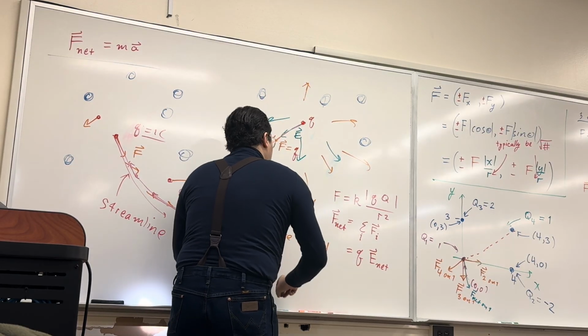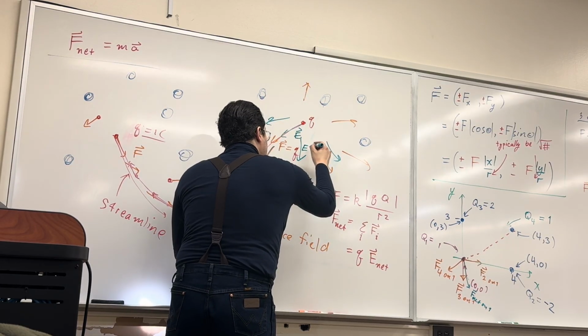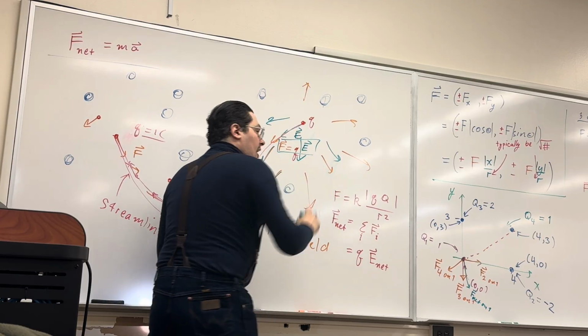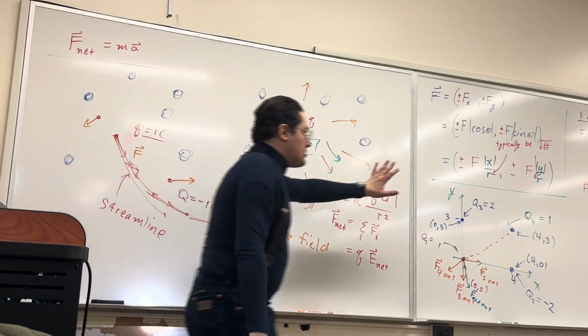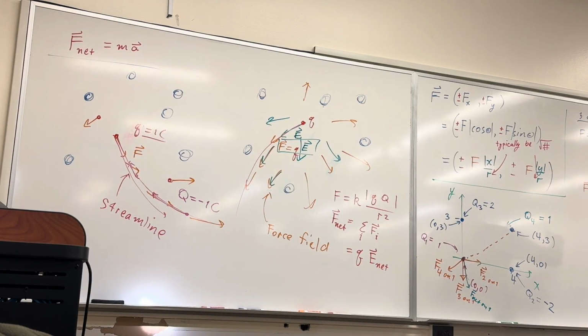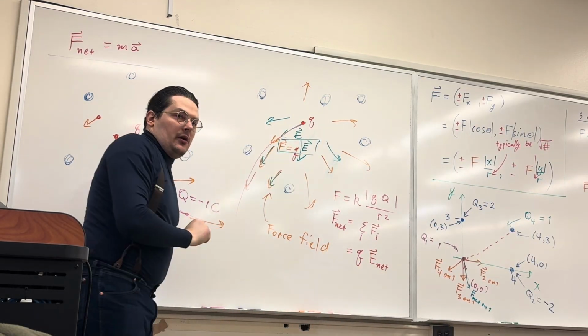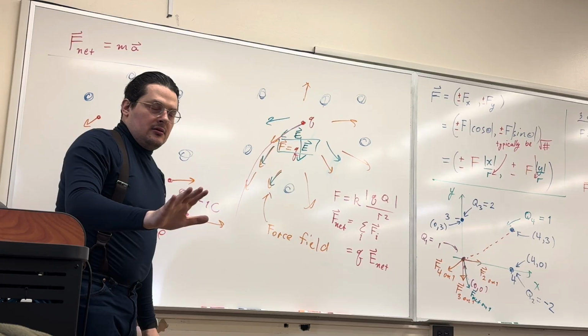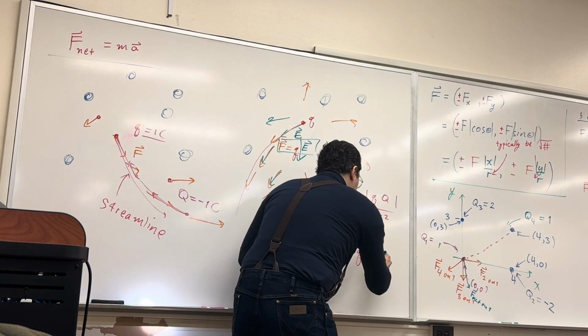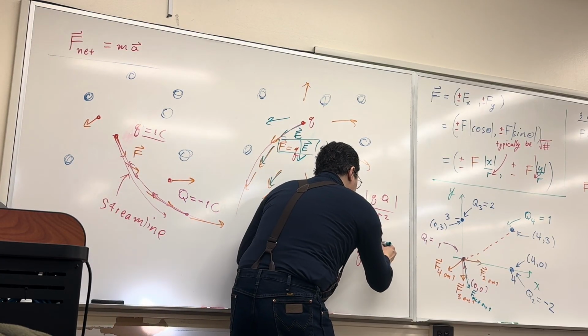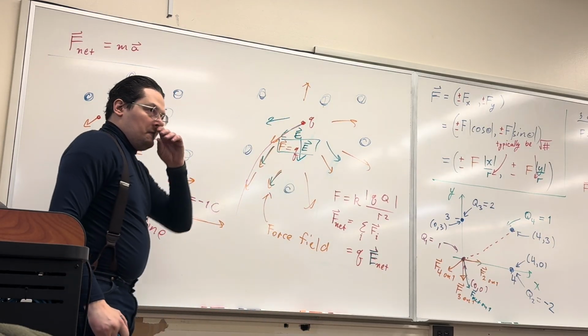Okay, why are we doing this? This seems silly, but again, we're trying to forget about this horrible process, and we want to move to a new paradigm where we're just talking about how the river is flowing. Does that make sense? Okay, this electric field is simply a statement about how the river is flowing.